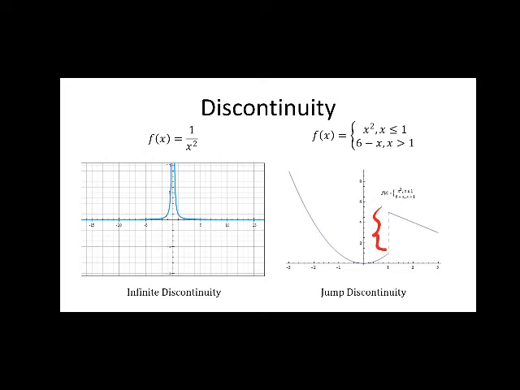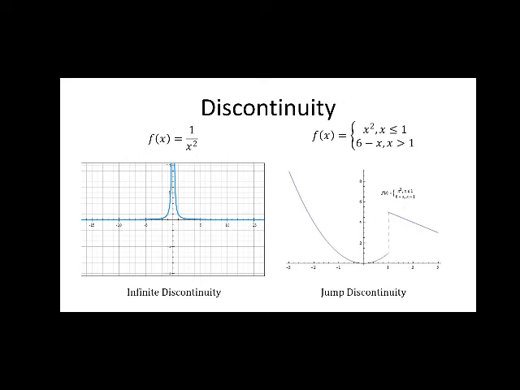Why jump? Because you see the value of the function at this point, and the value of the function here, there is a sudden spike or sudden jump in it. That is why it is called a jump discontinuity.